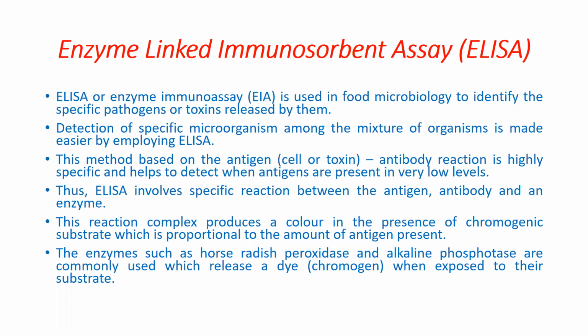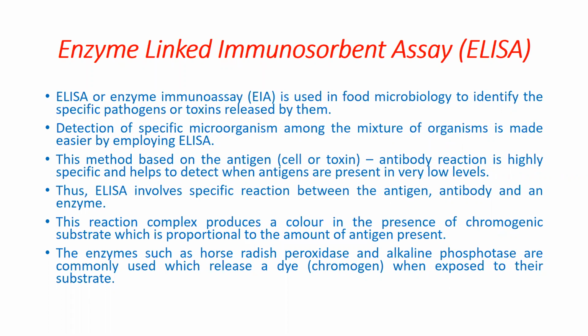This principle is used in ELISA. This antigen antibody reaction is highly specific and helps to detect antigens when they are present at a very low level. ELISA involves a specific reaction between the antigen, antibody, and enzyme.